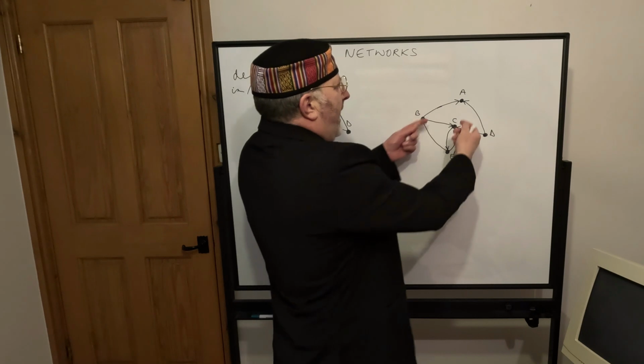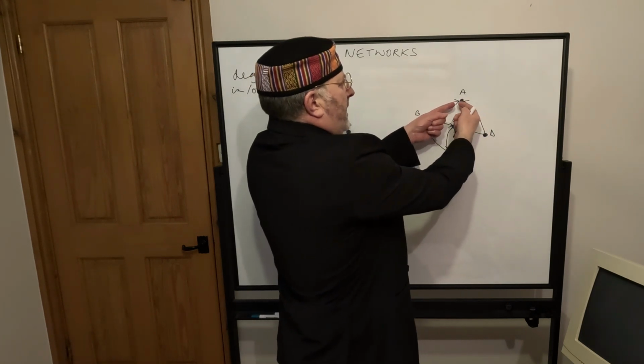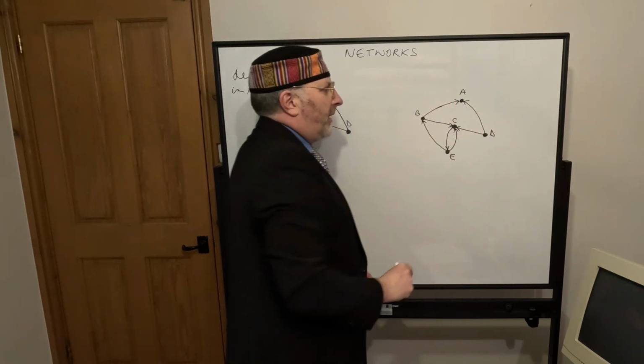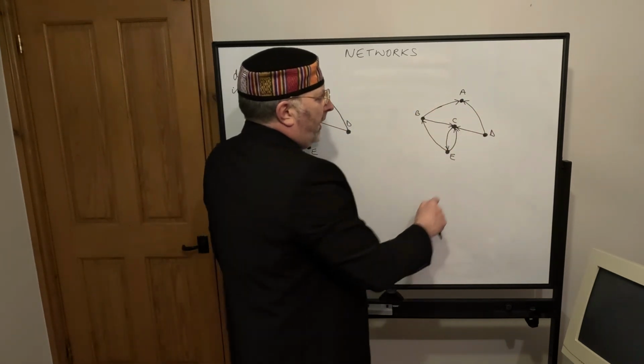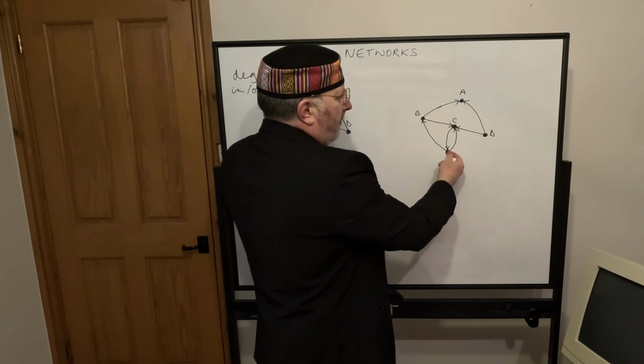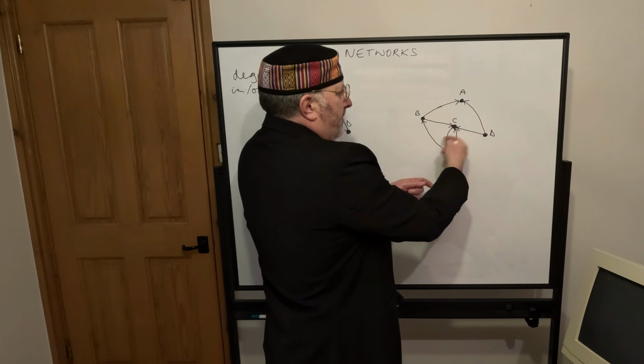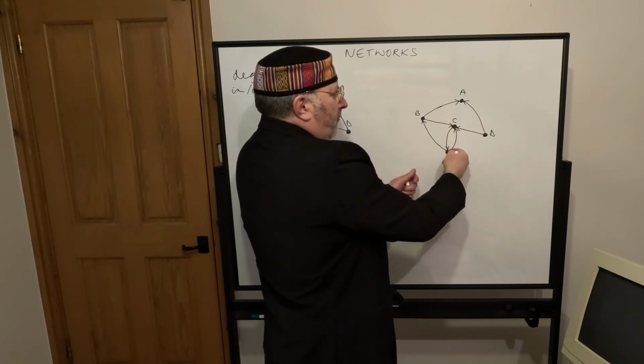So here A has an in degree of 2 and 0 out degree because it's got nothing coming out of it. C has an in degree of 3. There are 3 arrows coming into C from E, B and D, and an out degree of 1.